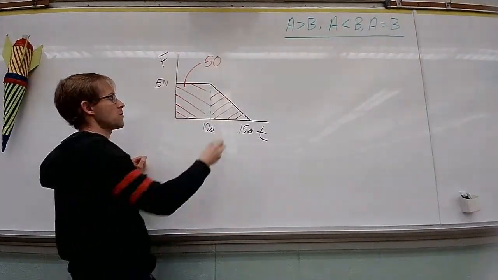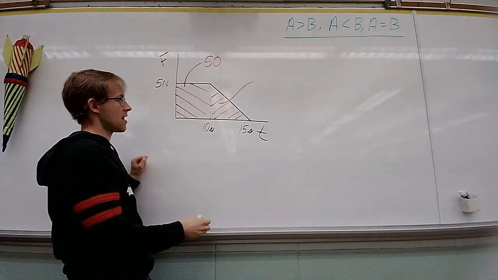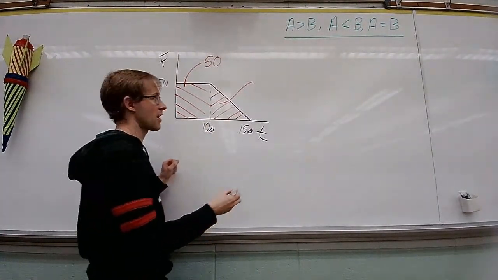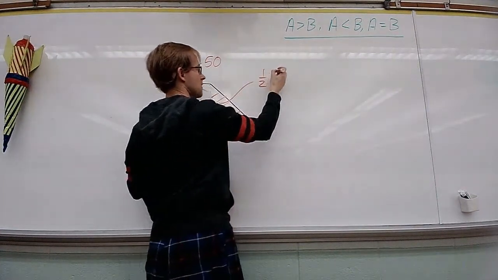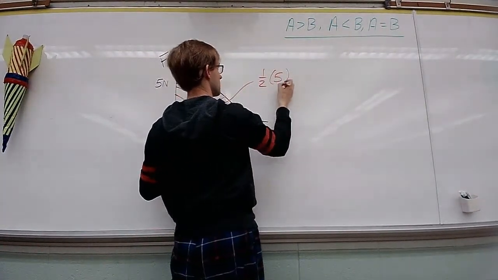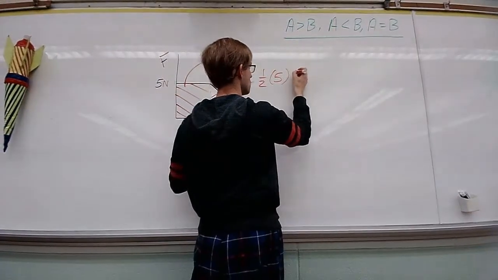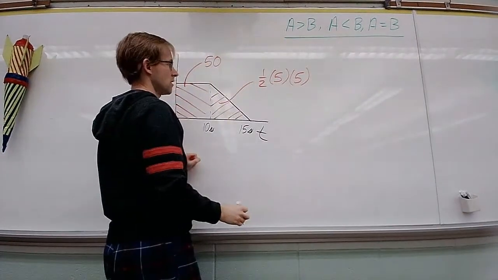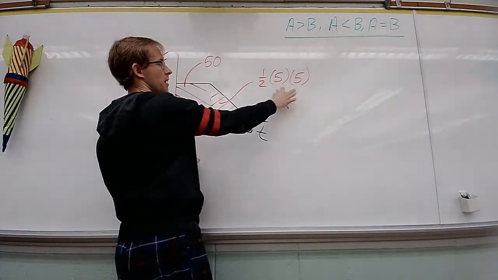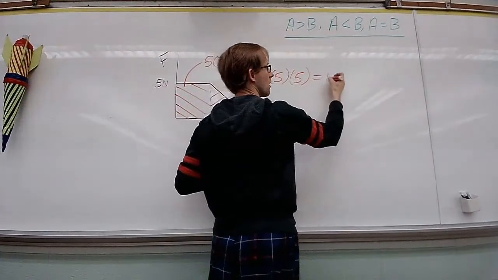for that shape. And here we've got, again, base times height, but because it's a triangle, we have to go 1/2 base times height. So that would be 25 divided by 2, which would be equal to 12.5.